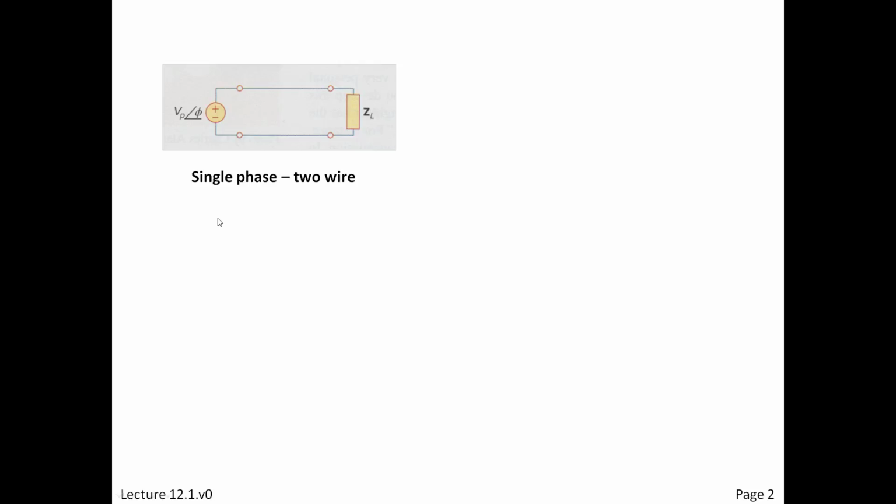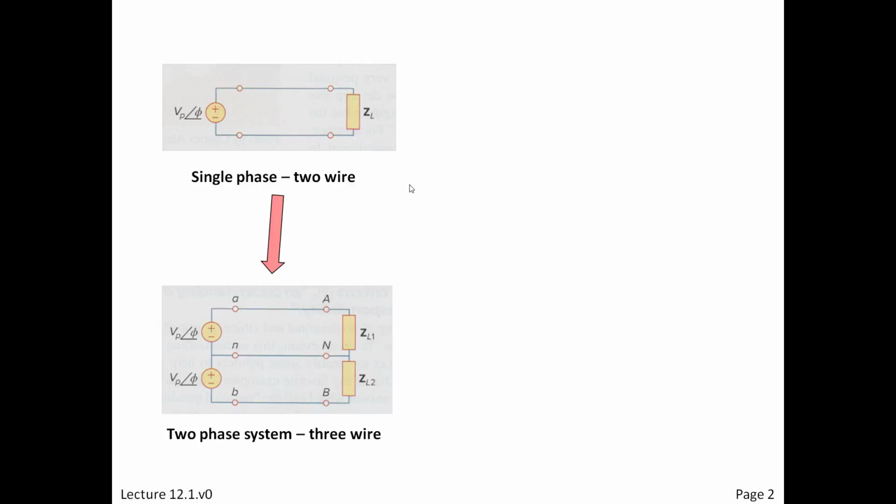But nonetheless, this is our single-phase, two-wire system. And we're pretty good at analyzing these because we can treat this just like a voltage source on the left and some sort of resistance, which we generalize to be an impedance. So this is a complex number with a real and an imaginary part.